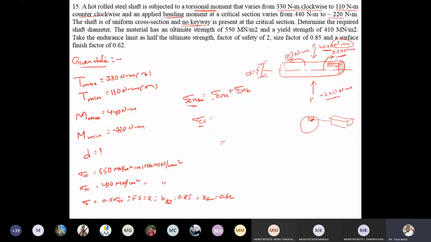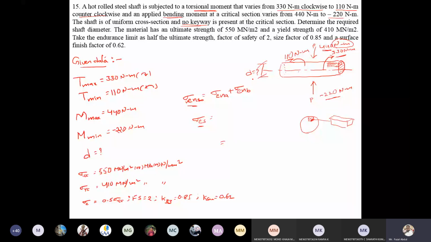When there are different categories, this is the direct bending load, this is the torque. Such different categories, you need to adopt the principal stress theories.